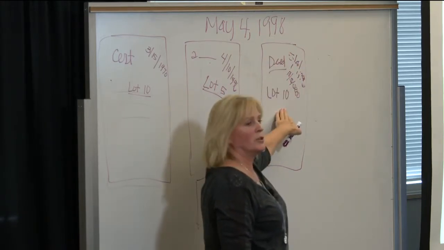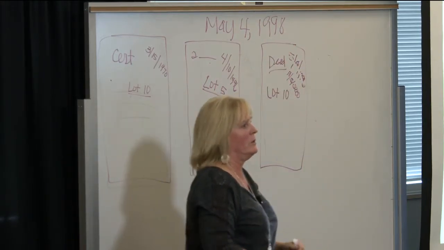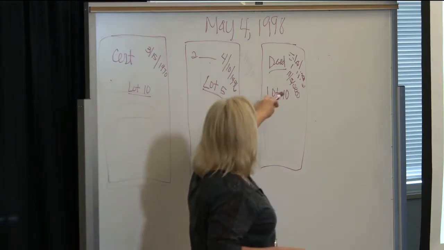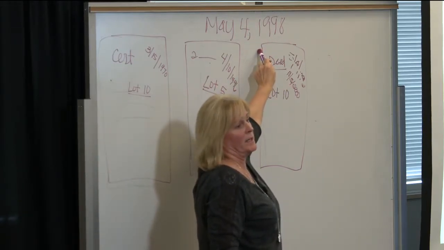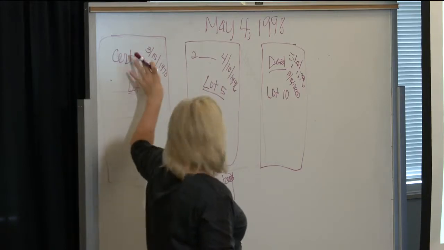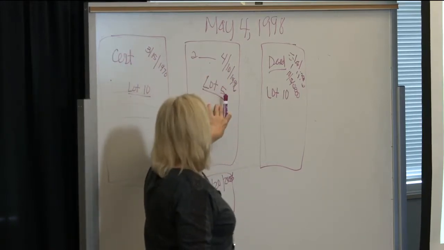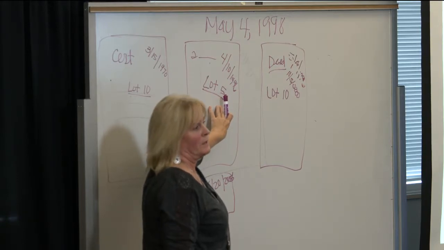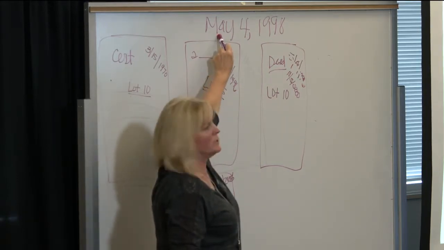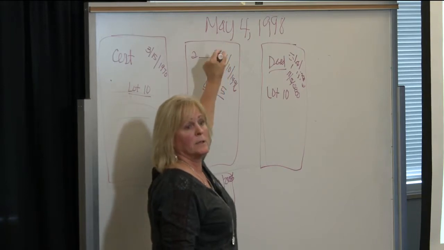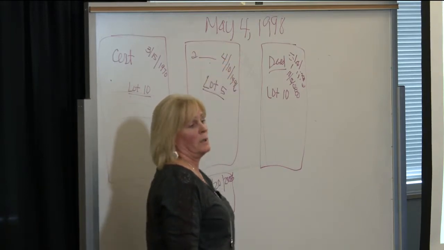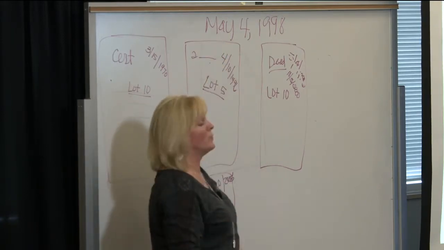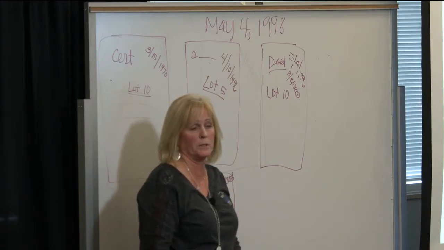Now you've got your Lot 10 up here, and they deeded it after the May 4th, 1998. The land was severed from Lot 10 and now is used on Lot 5. Okay? Because it was certificated and it was after May 4th, 1998. And it was approved, and all approval after May 4th, 1998 can be conveyed by appurtenance.